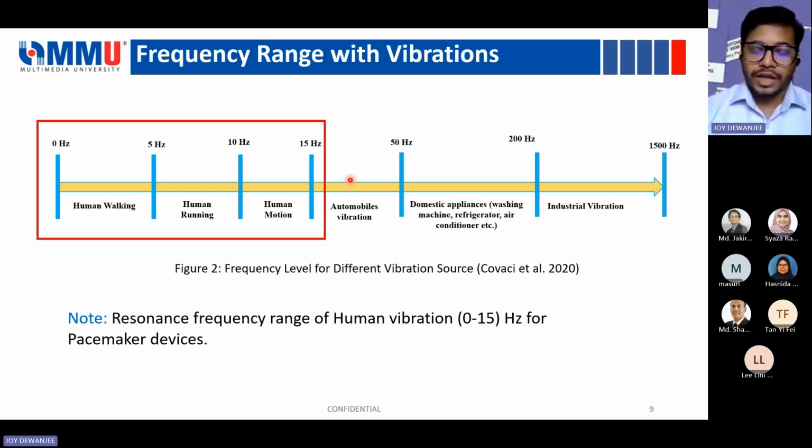For the modern pacemaker device, as I mentioned, we divide the frequency range into three parts: human walking, generated at 0 to 5 hertz; running, 5 to 10 hertz; and human motion, 10 to 15 hertz.